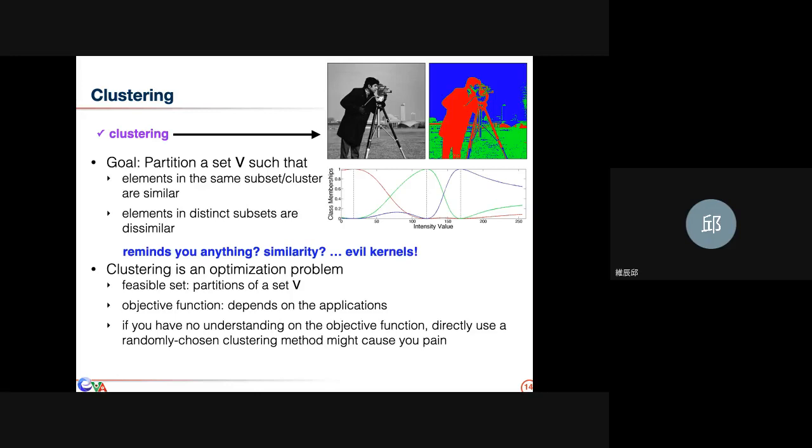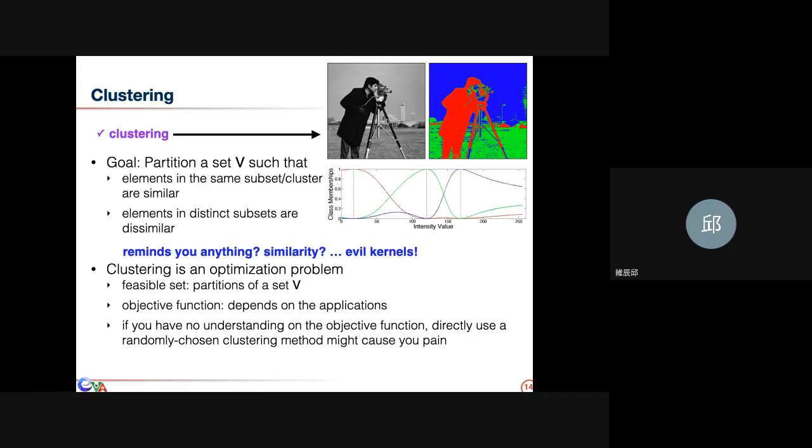So you might have a feasible set of partitions, many different ways of partitioning your data set, right? So how you are going to apply the clustering all depends on the application.